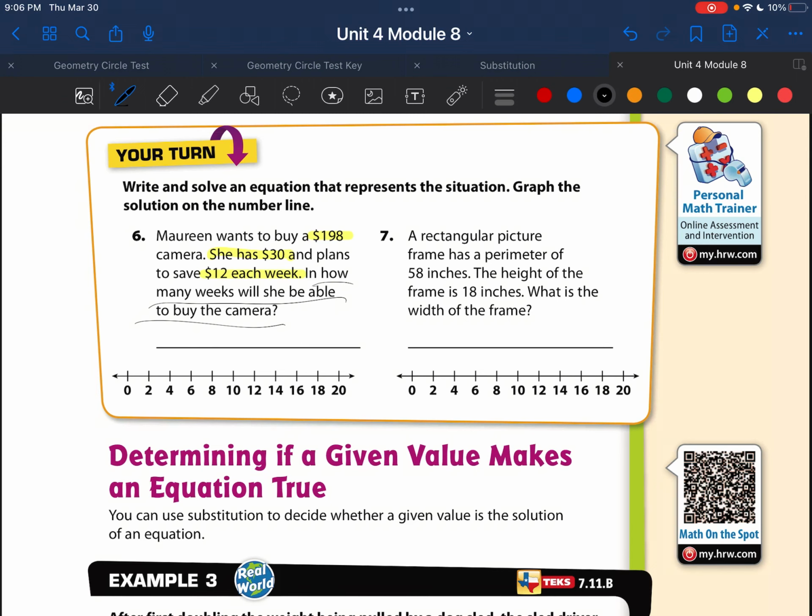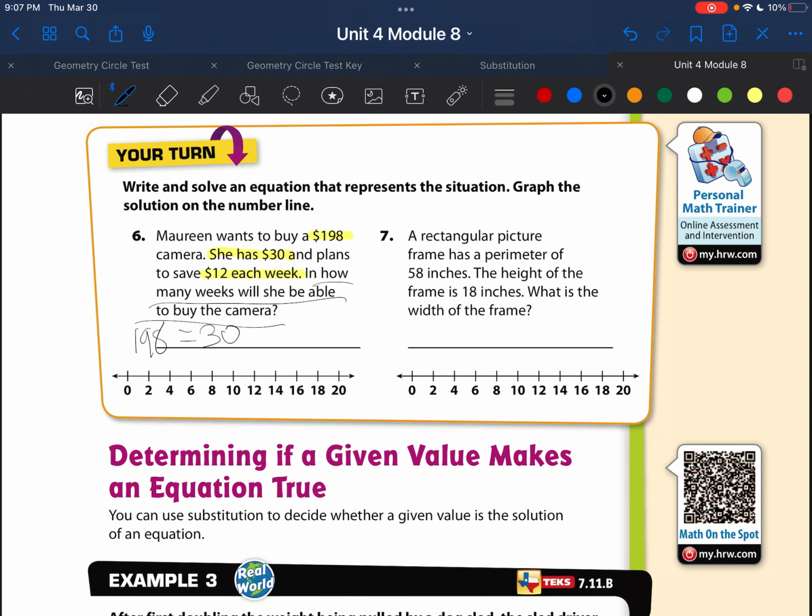Our first thing is we know our end number, which is $198, so we can go ahead and put our equals 198. We already know that.